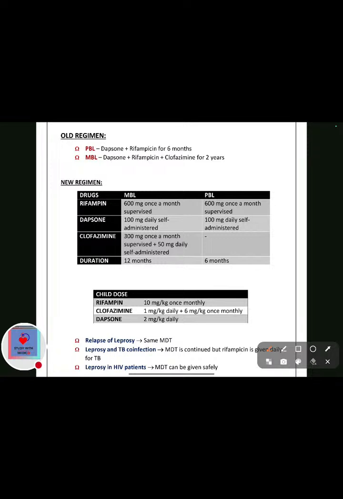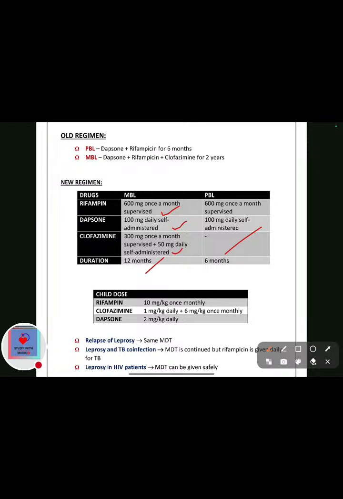For multibacillary, now they are giving rifampicin 600 mg once a month by supervision, and dapsone 100 mg daily self-administered. Clofazimine is 300 mg once a month supervised plus 50 mg self-administered daily. And the duration is 12 months.